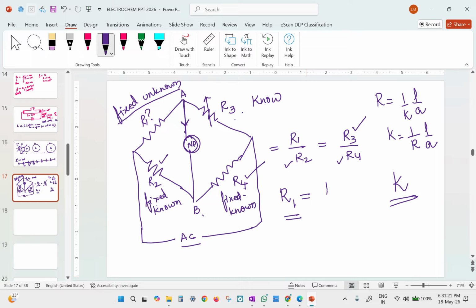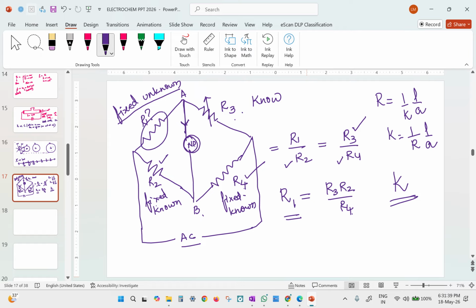Are we clear? That becomes R3 into R2 by R4. Any problem with this? This is the principle of Wheatstone bridge. This is how we find out the unknown resistance.